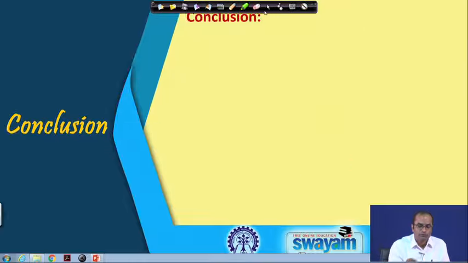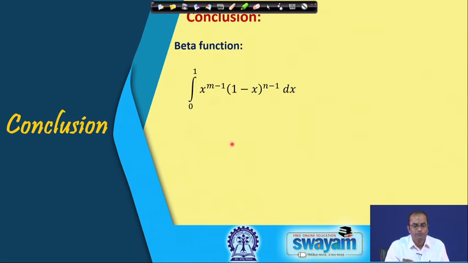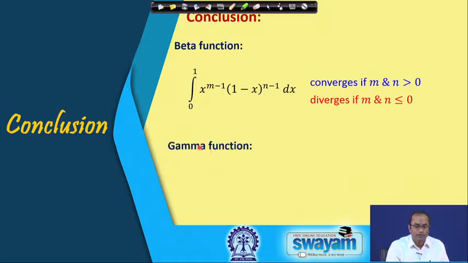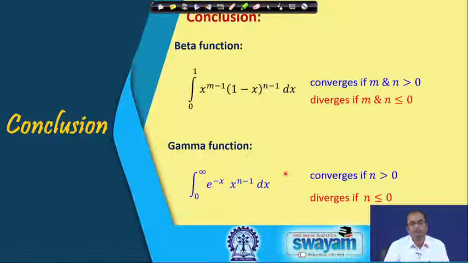Coming to the conclusion, the beta function converges if m and n both are strictly positive, and it diverges when m and n are less than or equal to 0. And the gamma function, the integral from 0 to infinity of e^(-x) x^(n-1), has the same situation: it converges when n is greater than 0, and diverges when n is less than or equal to 0.